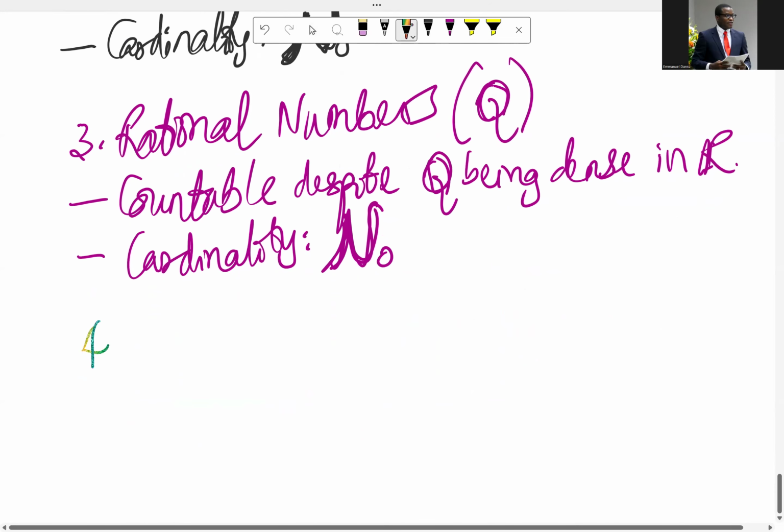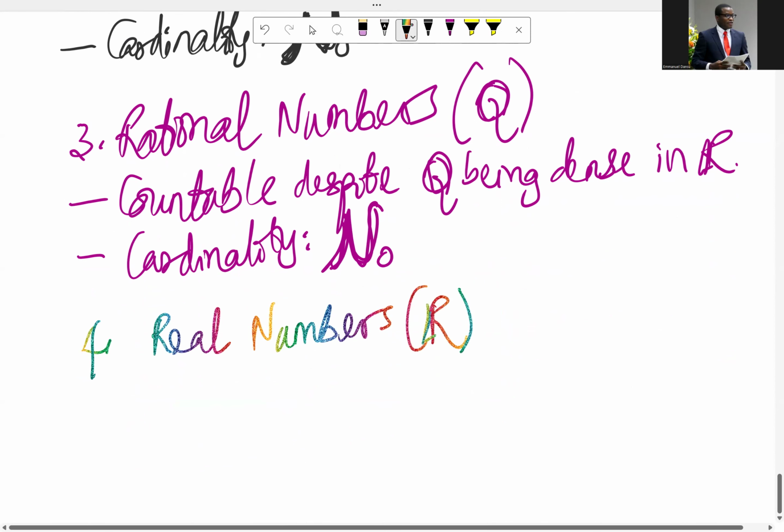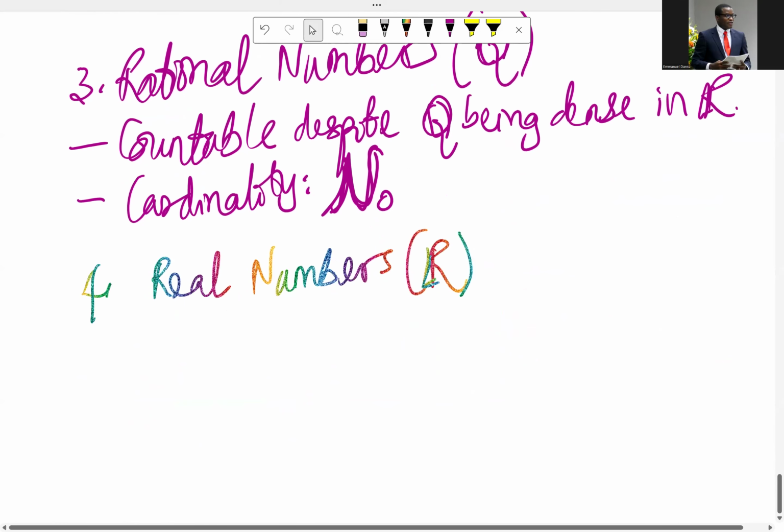All right, so let's move on to real numbers now. Real numbers within whatever range are uncountable, like we've seen already, because no matter how hard you try, you can never get all the real numbers there are.